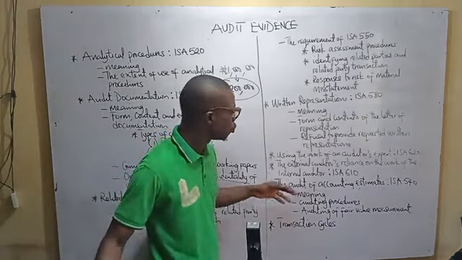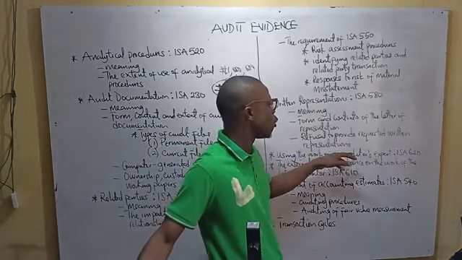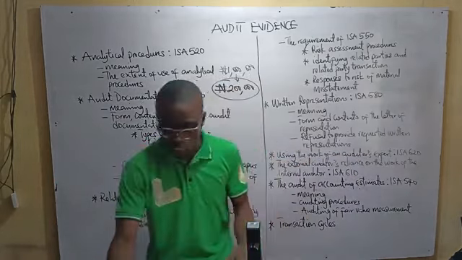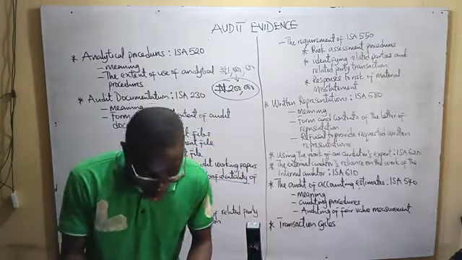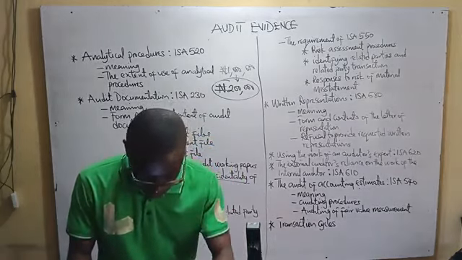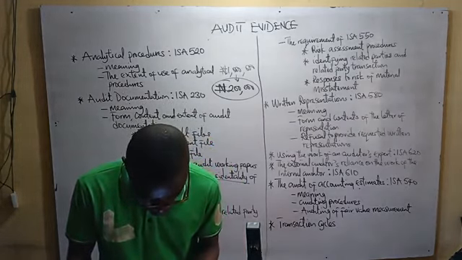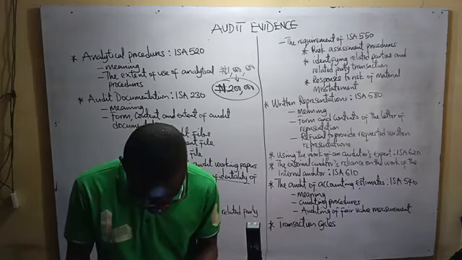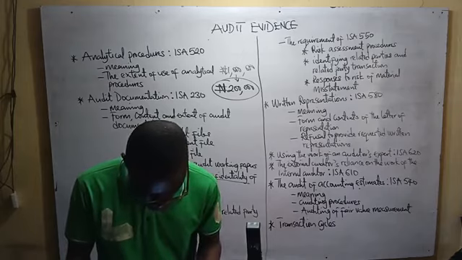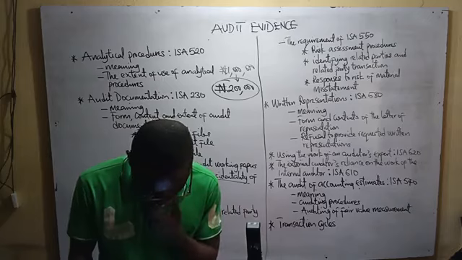For an auditor to make use of the work of an auditor's expert, he must assess the work of the expert. So how will he assess the work of the expert?